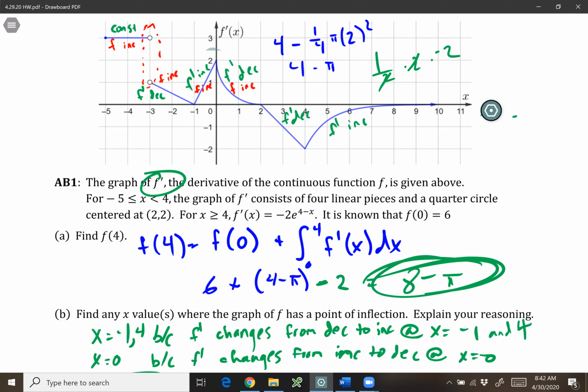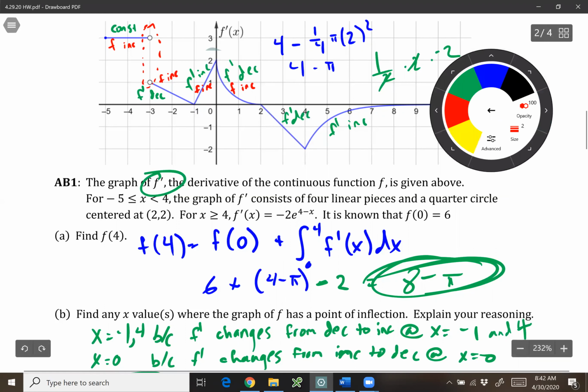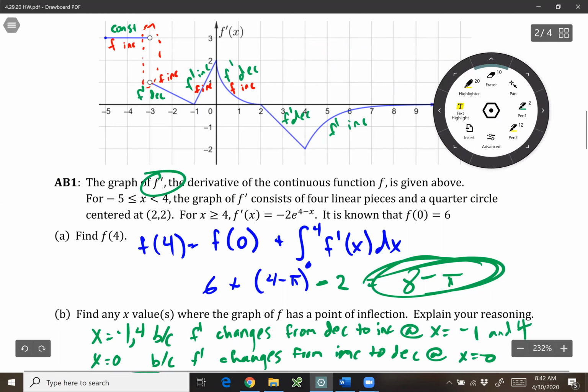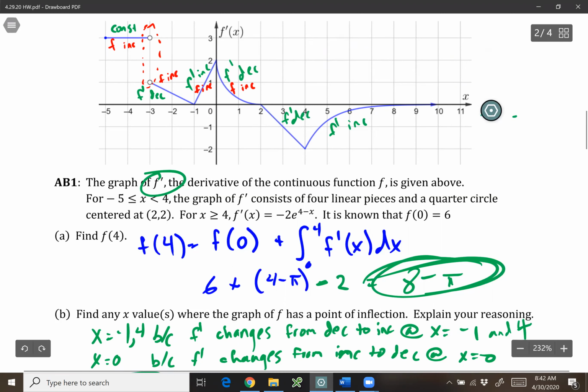What does f prime decreasing mean about f? What f prime tells us, like what I have in green, is that if f prime is increasing, f was concave up.